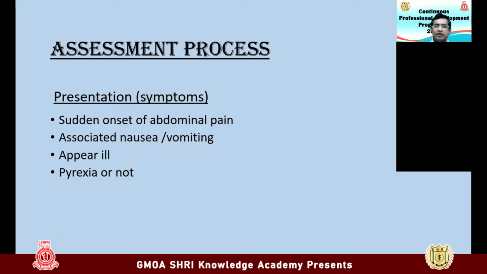And then the associated autonomic symptoms, for example nausea and vomiting, which could be due to stimulation of the autonomics or due to severe pain.